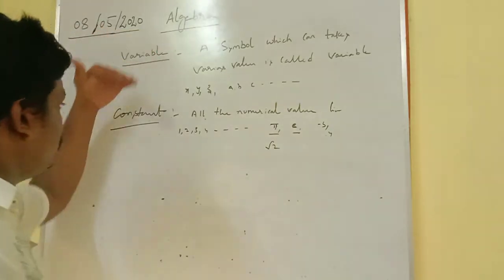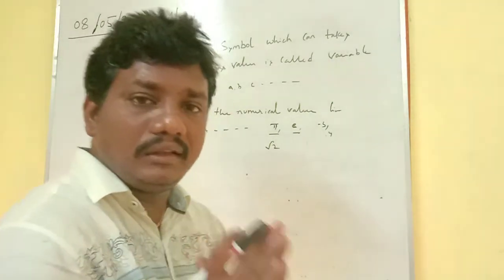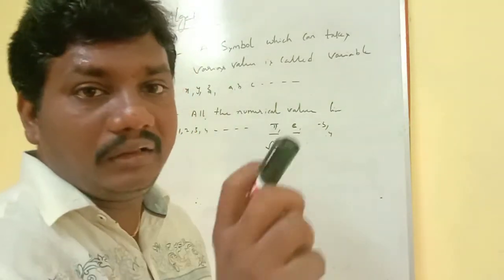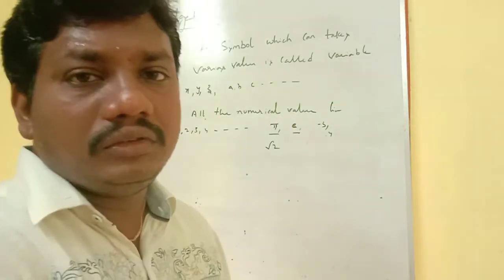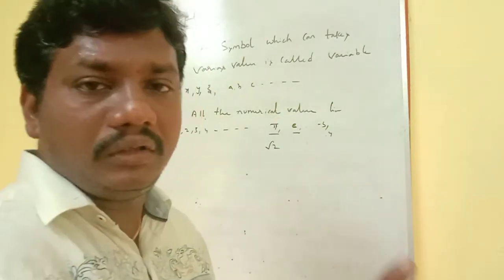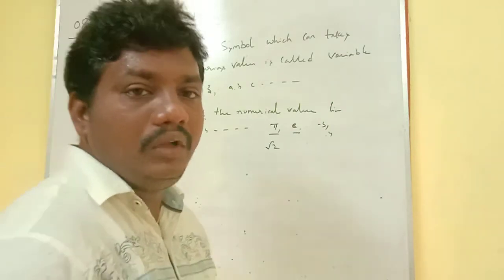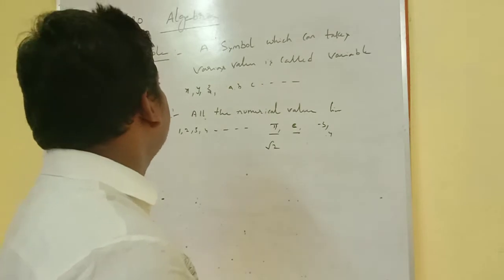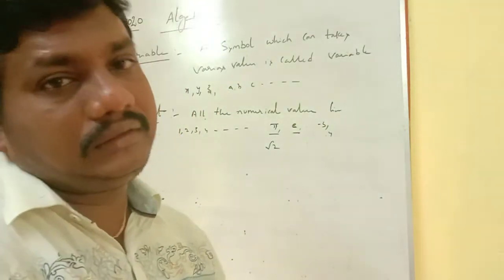Why are we taking variables and constants in algebra? You know the animal zebra. We have observed two colors in it, black and white stripes. So a zebra is a combination of two colors.